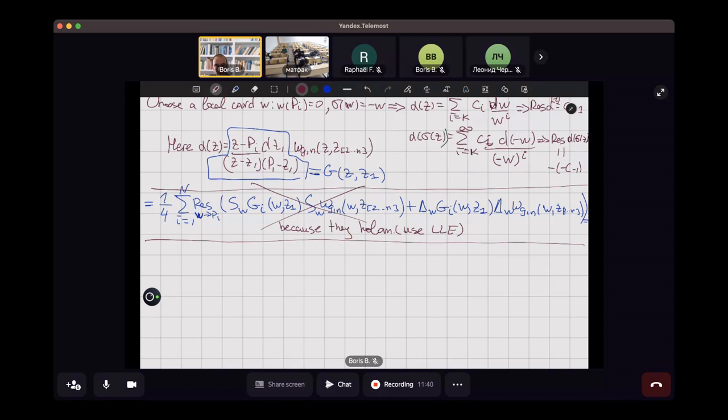Plus omega 0 1 of sigma of w times omega g n plus 1 of w, z2 ... zn, plus sum prime.